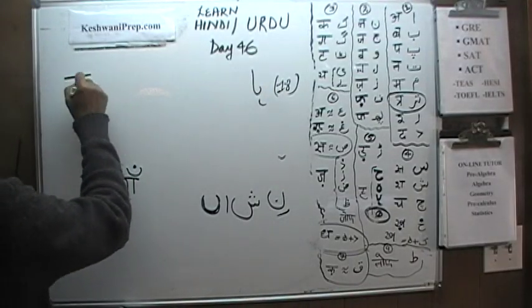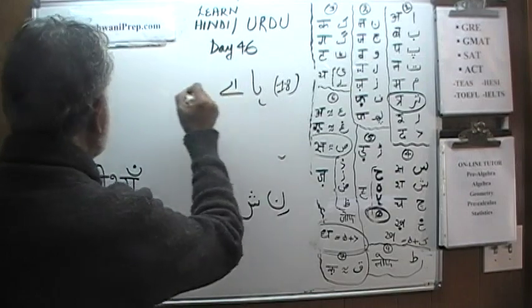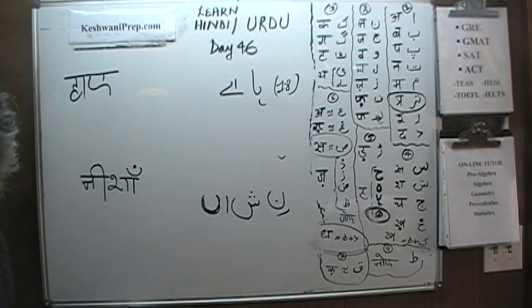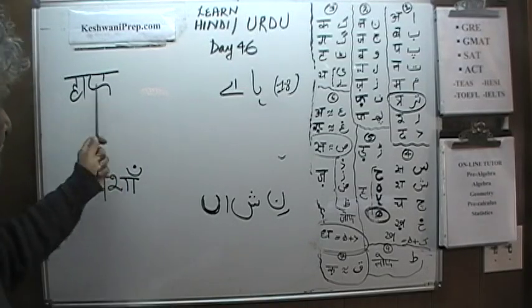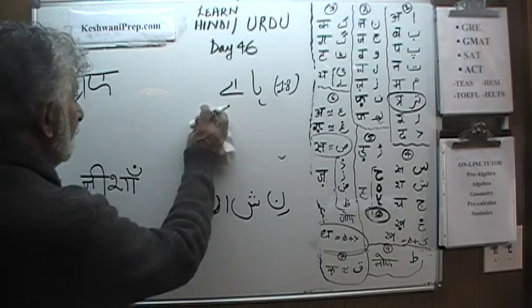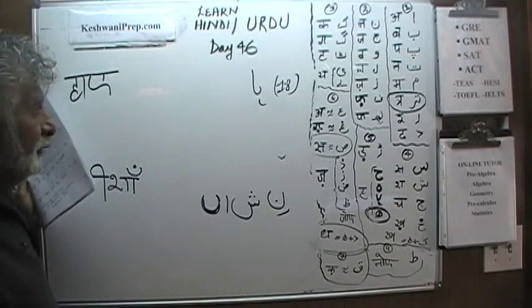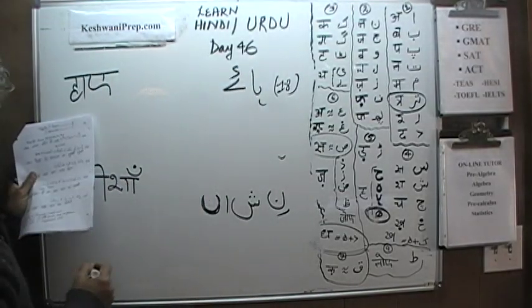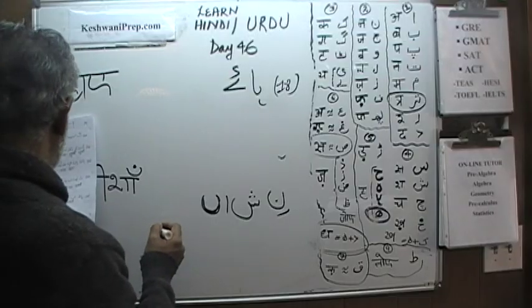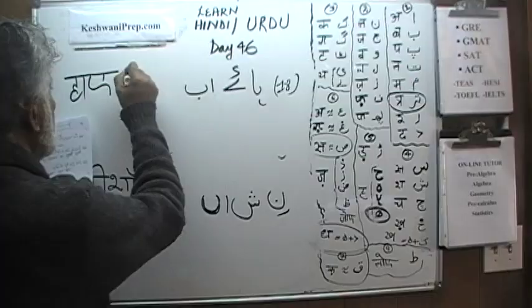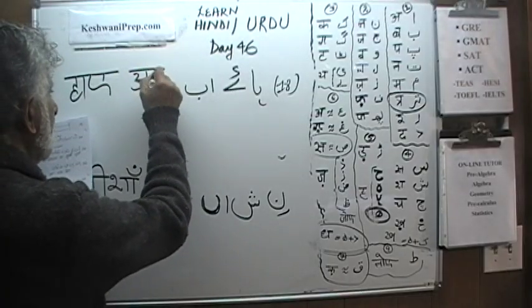Ha, A. That's how you write A. It's choti A ki matra. But when alif is followed by a badi A or choti A or waw, we know we don't write an alif. We need to use hamza. Hi. Ab.